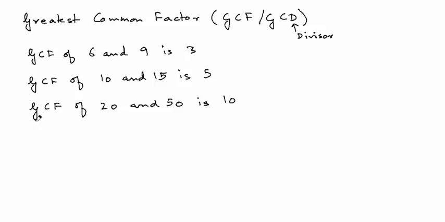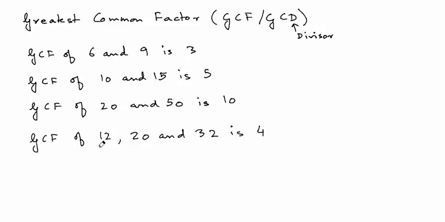We could also have GCF of more than two numbers. For example, the GCF, the greatest common factor of, let's say, 12, 20 and 32 would be 4 because 4 is the largest number that's a factor of all these three numbers.